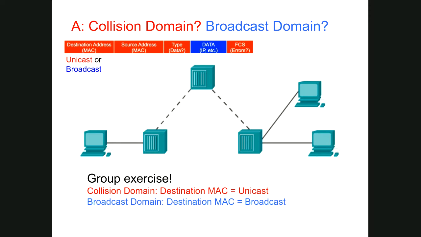A collision domain is defined as when 2 devices are connected to each other and they could create an Ethernet collision, because Ethernet uses the mechanism of carrier sense multiple access with collision detection. In this shared hub environment, any PC that wishes to transmit an Ethernet frame must listen to the wire first.